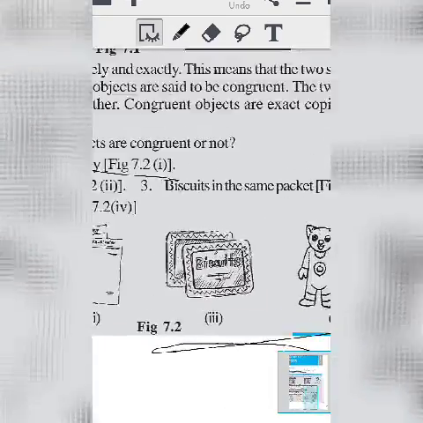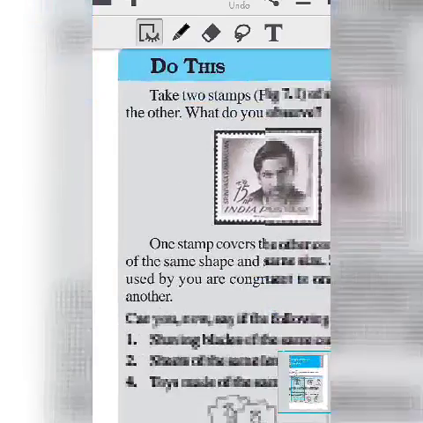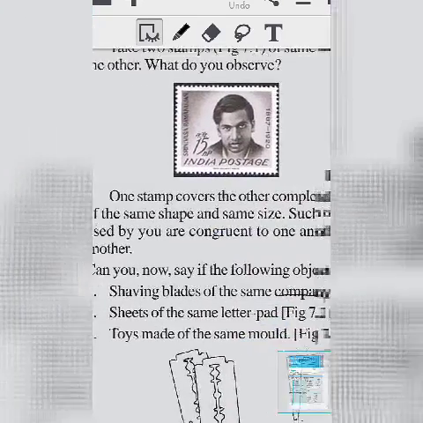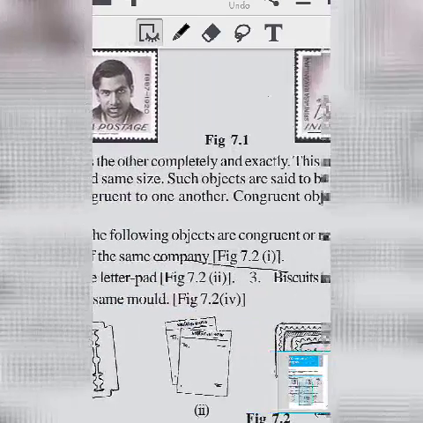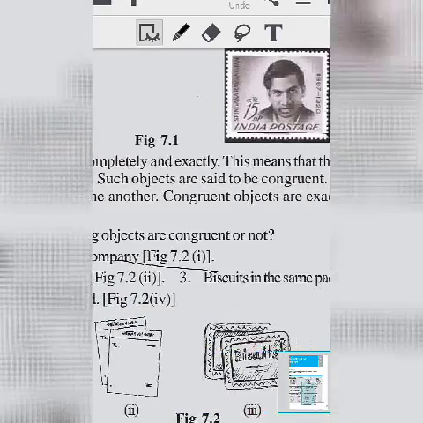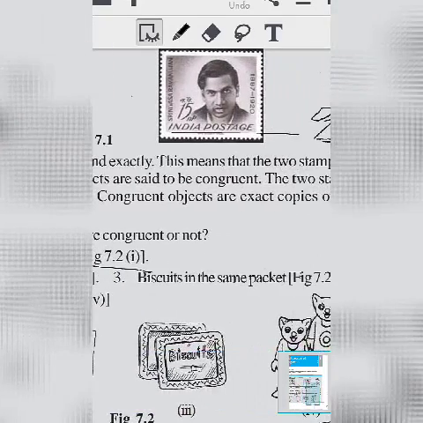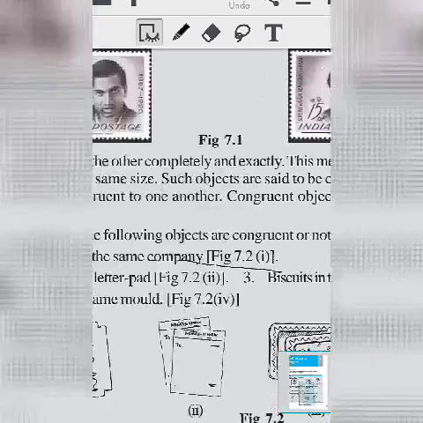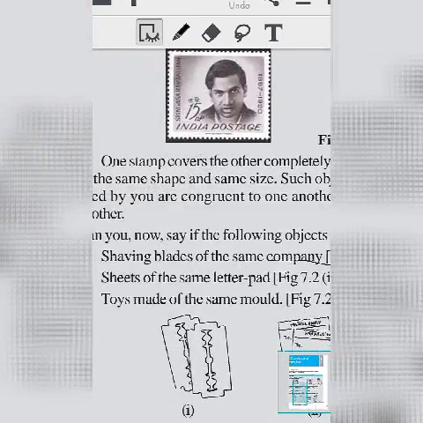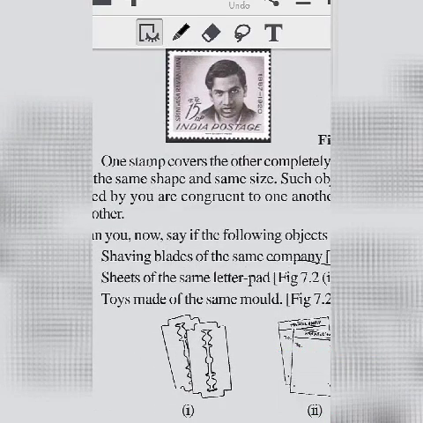So what is the meaning of congruence? When one stamp covers the other exactly, this means that the two stamps are identical, of the same shape and of the same size.